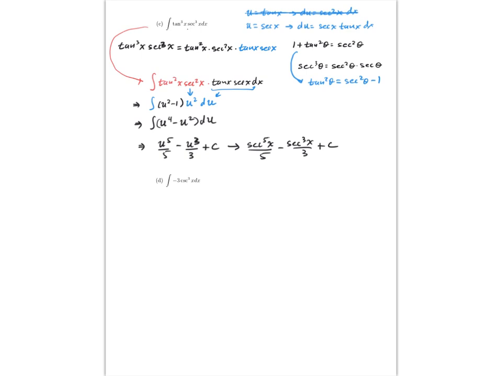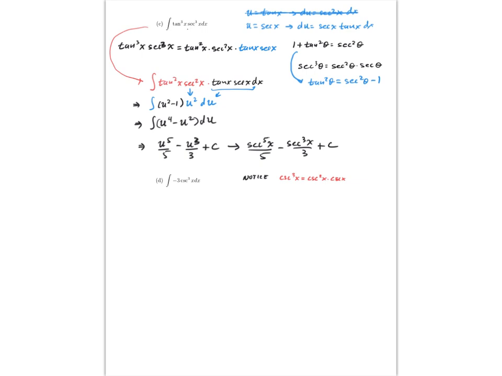So for now, just forget about the minus 3. And let's say that we are integrating just cosecant cubed. So first thing, notice cosecant cubed is the same thing as cosecant squared times cosecant x.